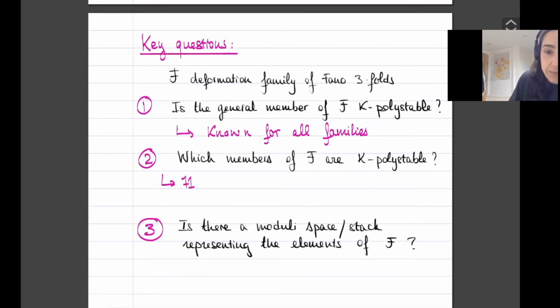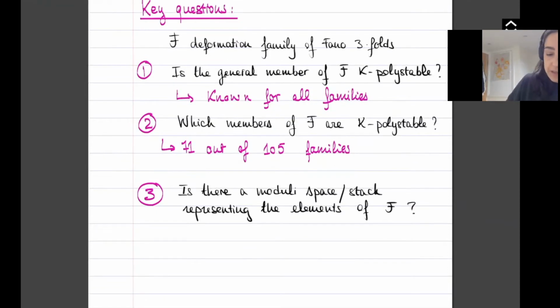We have a complete picture for 71 out of the 105 families, and I'll come back to that. And for the third question, a construction of compact moduli, there are very few cases known, so this is mostly open. I'll discuss one case on which there was some progress recently.